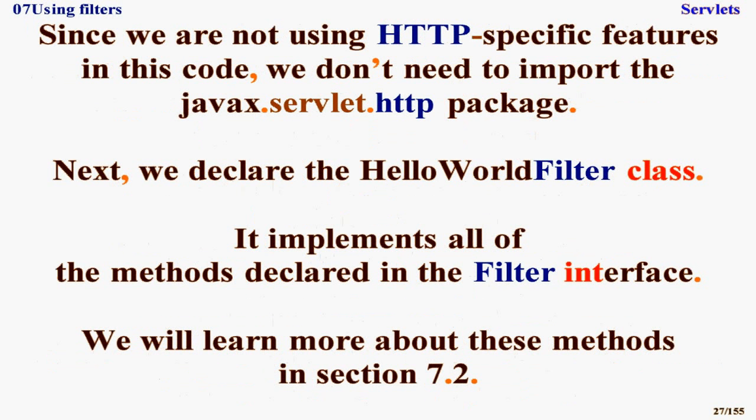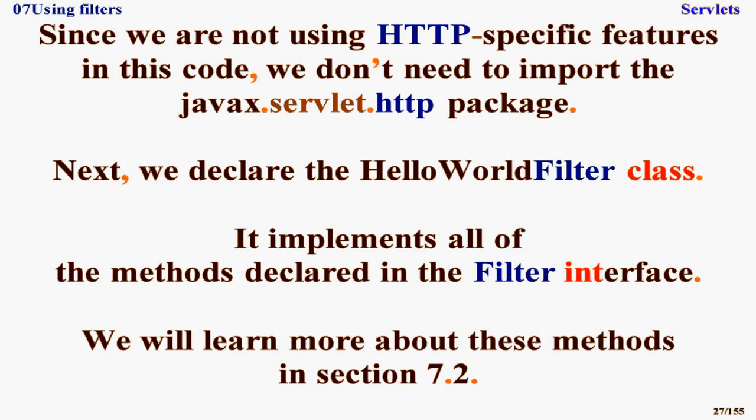Since we are not using HTTP-specific features in this code, we don't need to import the javax.servlet.http package. Next, we declare the HelloWorldFilter class. It implements all of the methods declared in the Filter interface. We will learn more about these methods in section 7.3.